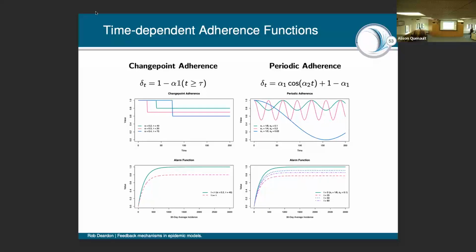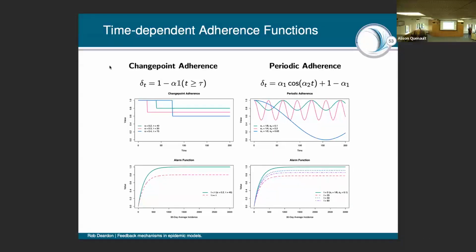But the other thing that she did, which I'll focus on here, is to make the adherence function just time dependent. So the protective part will be disease level dependent, the adherence is time dependent.